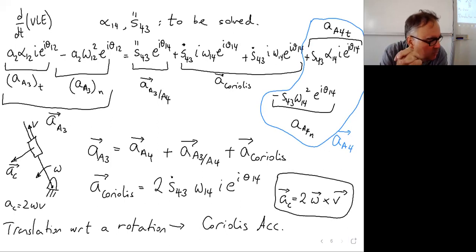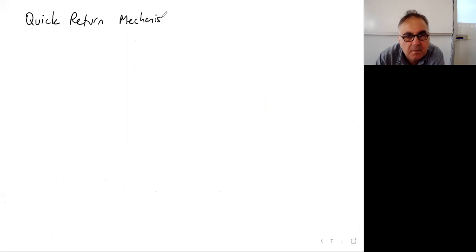I will try to at least write the equations for one more mechanism, which is a two-loop mechanism, called, as you might remember, the quick return mechanism. Let me try to show this.